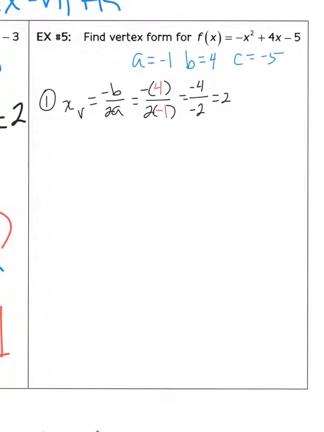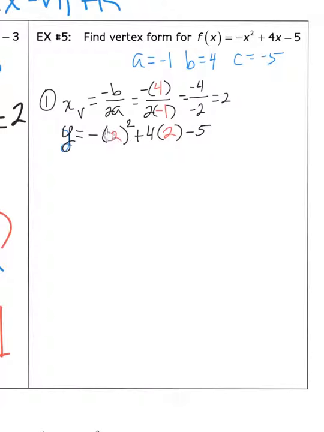The y value of my vertex, oops. Let's try that again. The y value is negative. Now that negative should not be in parentheses. It is on the outside of the parentheses. So that 2 that we just got is going in here. So when you square this 2, the negative's not squared.